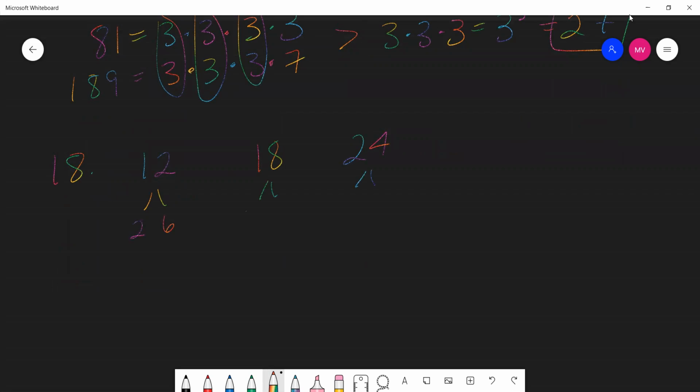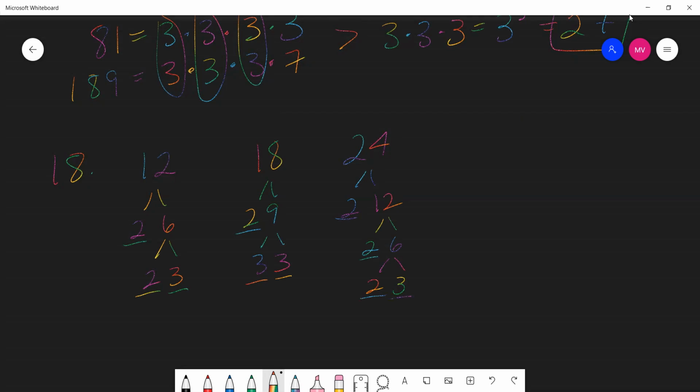So 12 is 2 times 6. 2 is prime, and 6 is 2 times 3, and we're done. 18 becomes 2 times 9, and 9 becomes 3 times 3, and then we're done. 24 becomes 2 times 12, and 12 becomes 2 times 6, which we go one more level to 2 times 3.